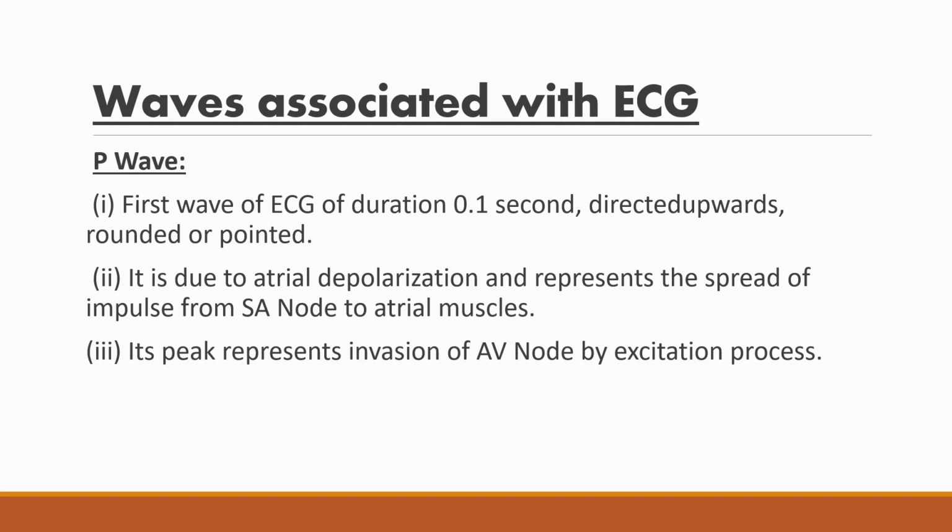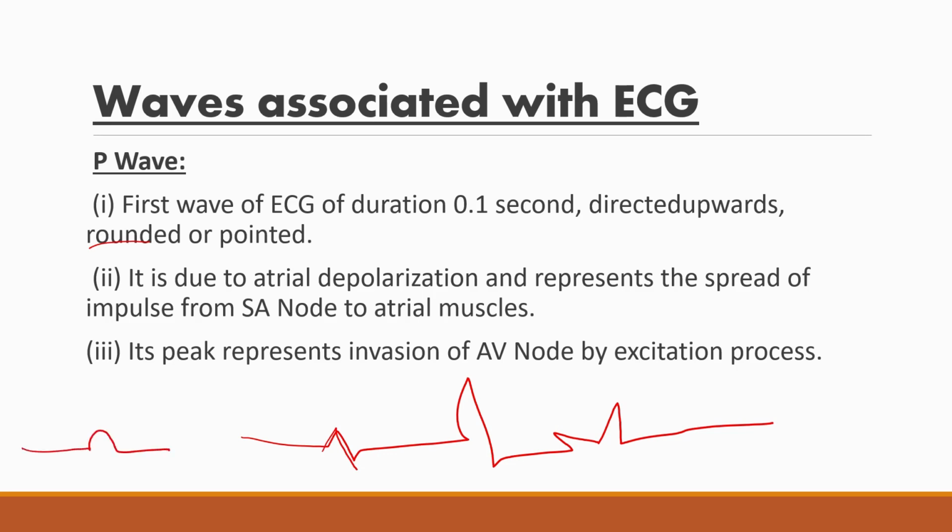It is directed upward, rounded, or pointed, right? Means if this is your ECG graph, I'm just showing it in graph. So this is pointed upward. What do you mean by rounded? It will be like this. Clear? Or maybe pointed. So this is the pointed one. This is the rounded one.